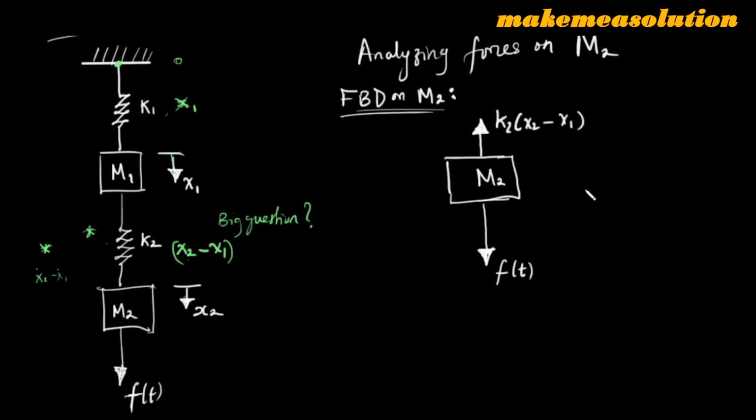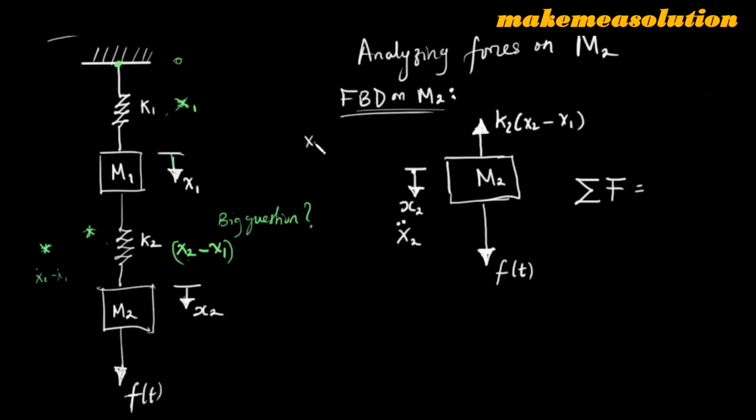So if we take the summation of forces according to Newton's second law, summation F should be equal to what? Mass times acceleration. Take note, displacement is in this direction, so x2 is in this direction, therefore acceleration will also be in this direction. Acceleration is the second derivative of displacement, x2 dot dot.